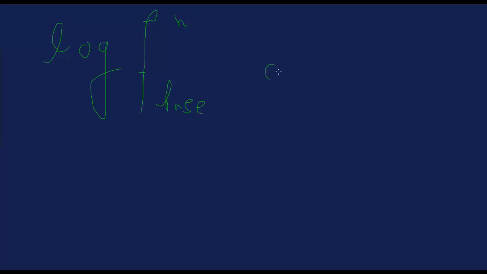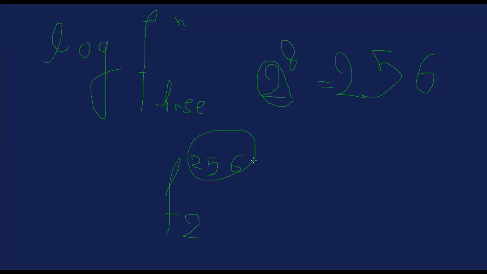Now when we say 2 to the power of 8 equals 256, if we do the log of base 2 of the number 256, it means divide 256 by 2 and go until you can't divide it more, meaning that you will get 1.